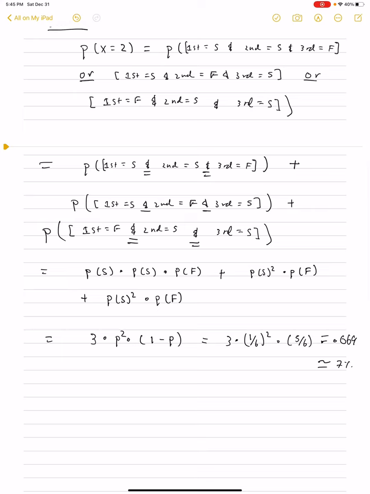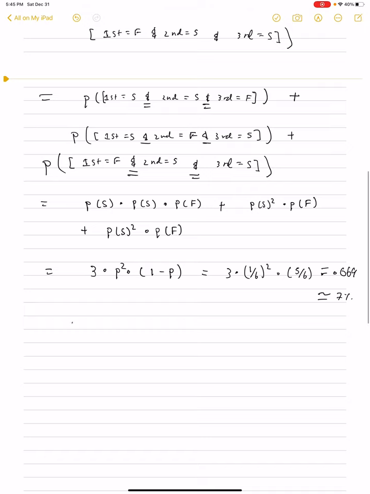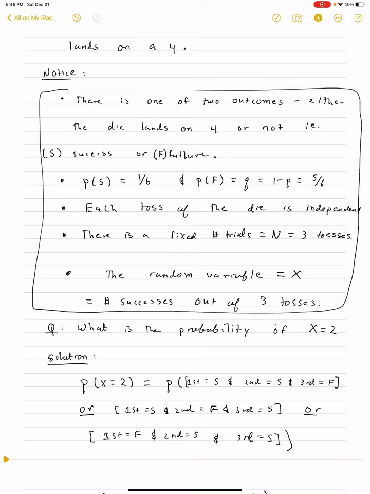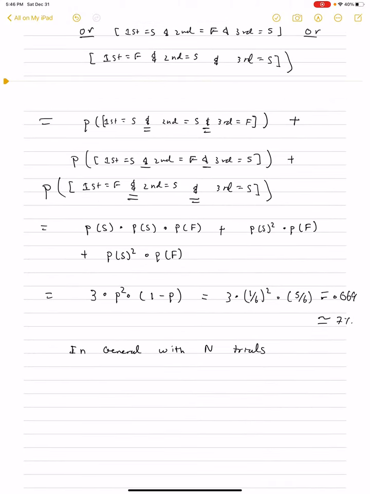Okay. Now, let me just discuss each of these items a little bit more generally. So in general, with N trials, and the same assumptions as above, that is, these assumptions, then the probability of having K successes would be P. I'm going to work backwards here.